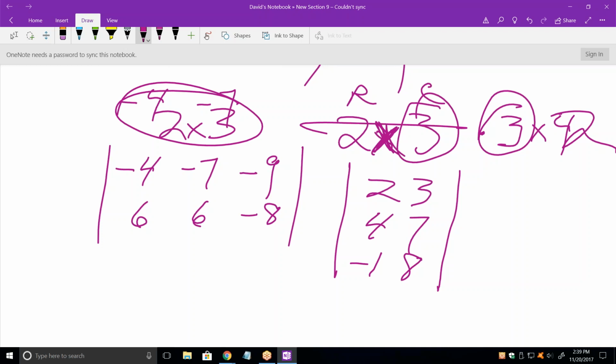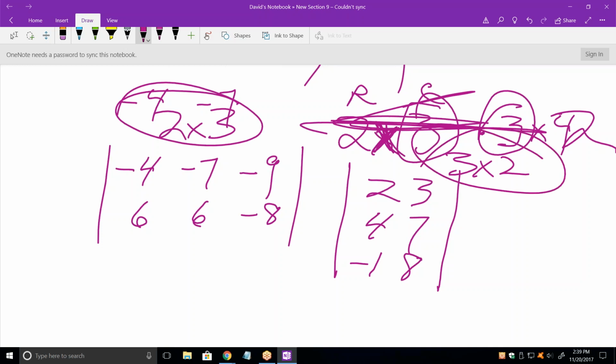This one is a 3 by 2. Because the middle numbers are the same, I can multiply it. How do I multiply it?